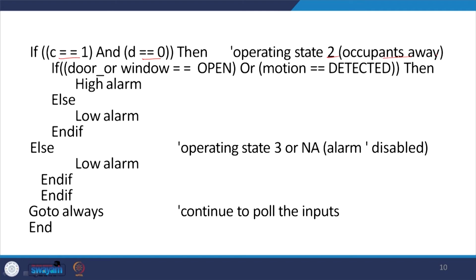Then, if door or windows are open or motion is detected, we need to have the high alarm, otherwise the low alarm. In case of else, we have a low alarm, that is operating state 3. This way we continue to poll the inputs, and this way the program executes.